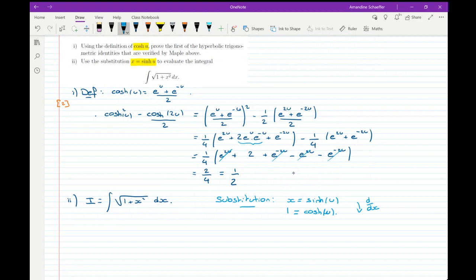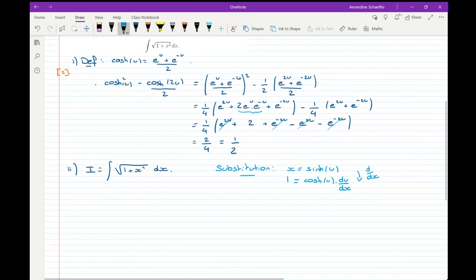But then you need to take care of this inside function, so basically a chain rule, times du dx. That's what we did with implicit differentiation. That tells me that dx, if you put it aside, equals cosh u times du, which is what we're going to use.